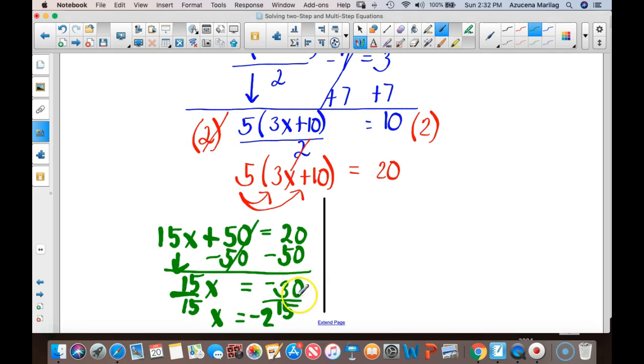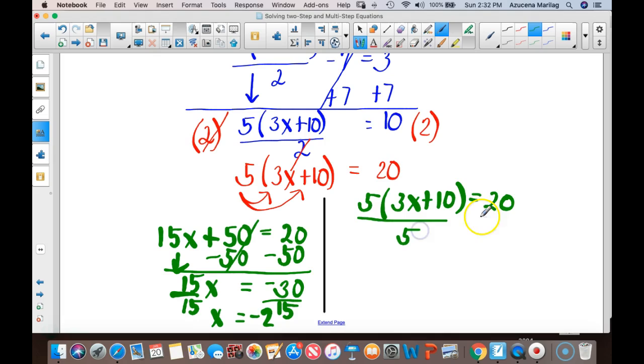Now, if I chose to divide instead of use the distributive property, here's what I'm going to get. I'm dividing by 5. And so I have 3x plus 10 left behind, and 20 divided by 5 is 4.